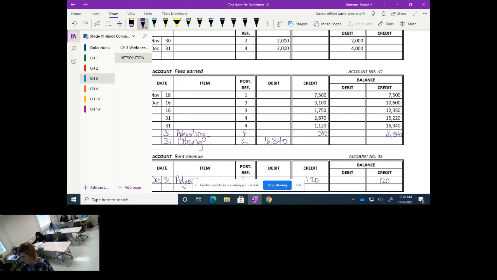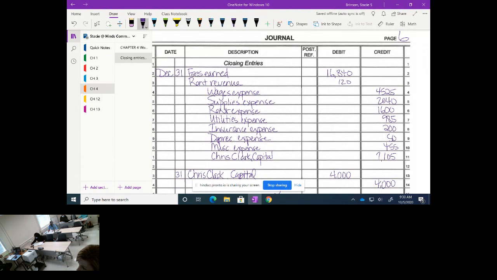So if we combine a credit of 16,840 and a debit of 16,840, we end up with 0. You can put a line there, you can put a 0, whatever you want to do. Sometimes the instructions tell you to put a line, but 0 is fine. Okay, account number 41, we'll go back to our entries and put a 41 here.